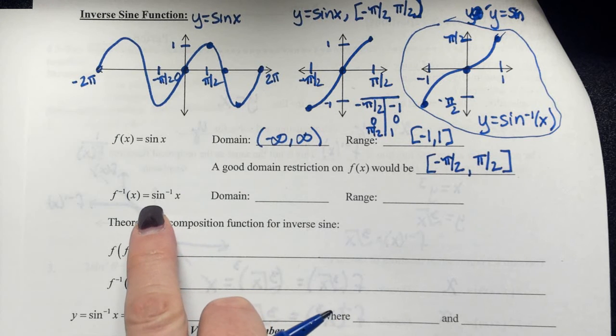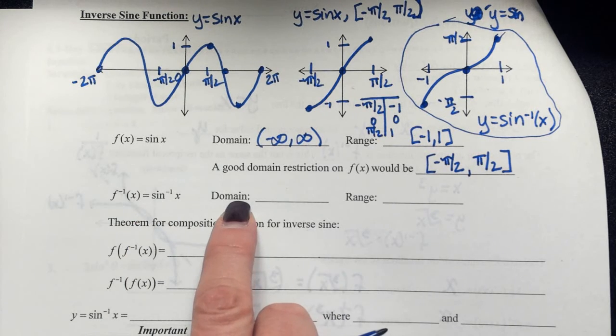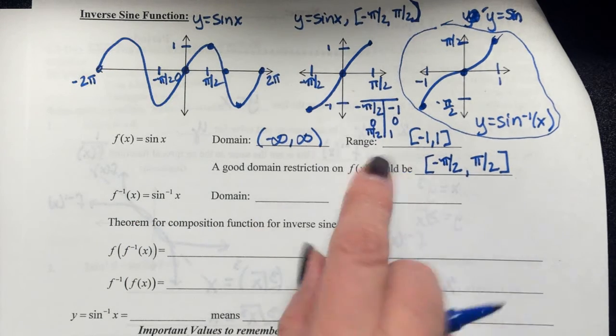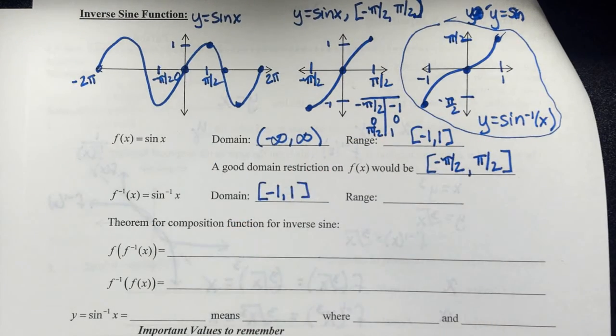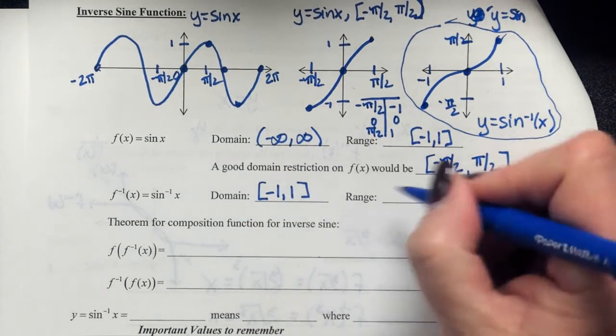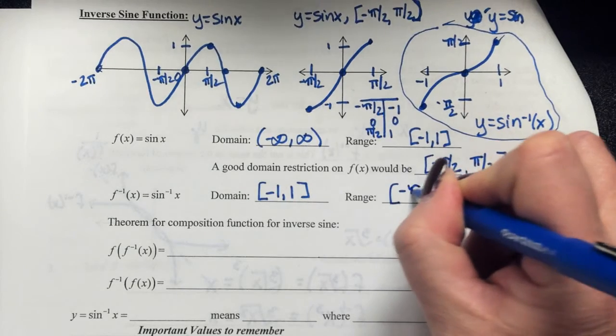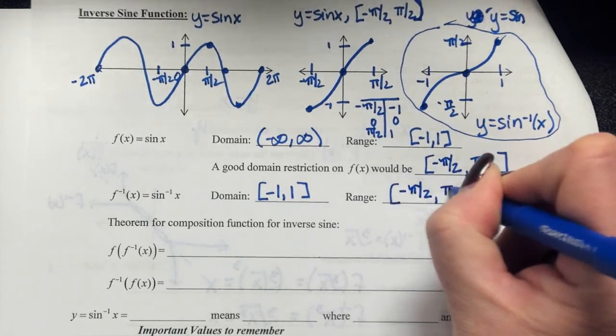So when we talk about the inverse function, remember the domain and range are going to switch. The domain of your inverse sine is the same as the range for sine of x. The domain is going to be -1 to 1. The range is going to be that restricted domain of -pi/2 to pi/2.